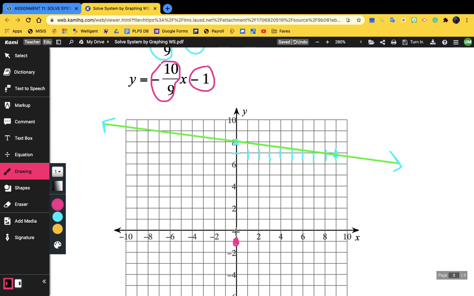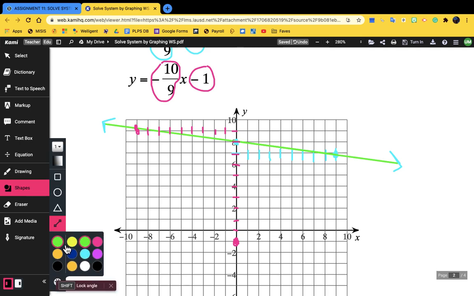I'm going to go up 10. 1, 2, 3, 4, 5, 6, 7, 8, 9, 10. And then instead of going to the right 9, I'm going to go to the left 9. 1, 2, 3, 4, 5, 6, 7, 8, 9. And there's my second point right there.